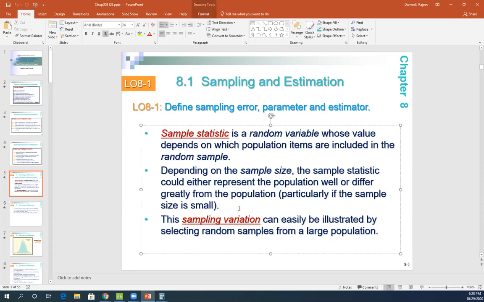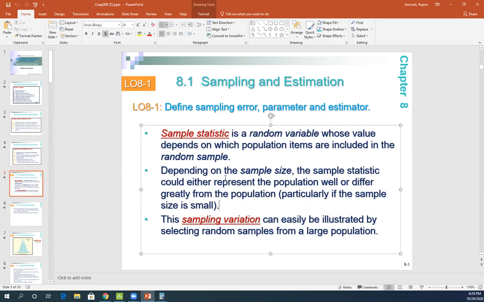For example, if I randomly take a 500 student sample and conclude, based on my 500 sample, that Eastern Washington University students' average age is 22 years, or average CGPA is 3.8, I have not collected all 12-13,000 students, only 500.